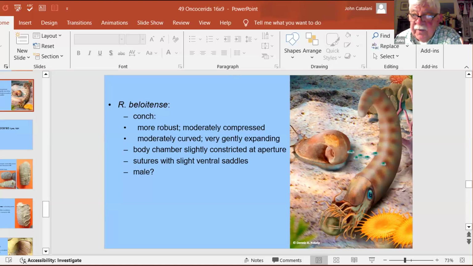And deposit eggs. How many? 5, 6, maybe 10. That would be a lot. And then take off. Now, that's different than coleoids, which produce larvae that go up into the plankton and feed, and that's why they died out.